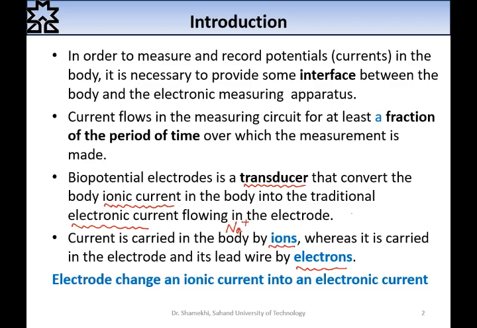Na, K, and also Cl ions are the main carriers for the body ionic current, and inside our wires electrons will carry the current.